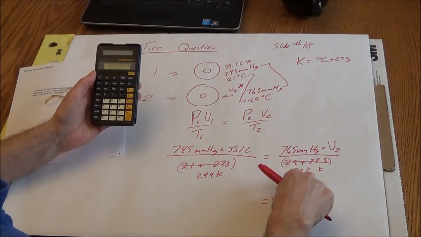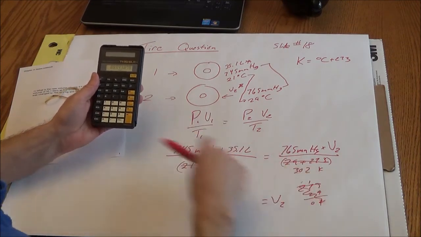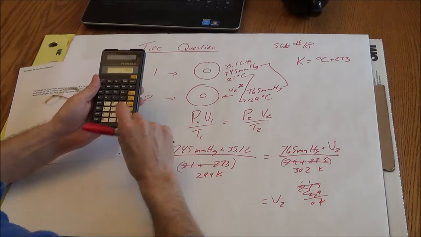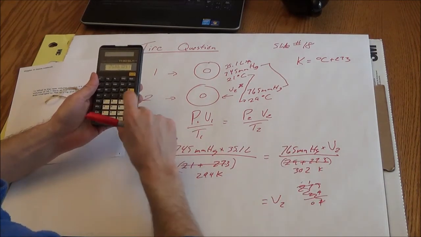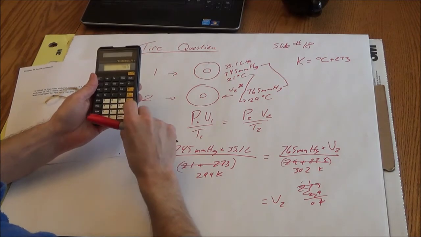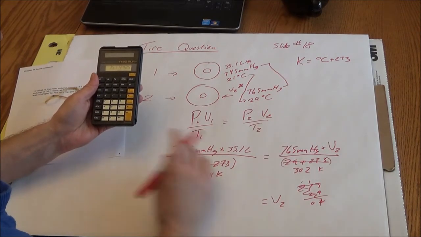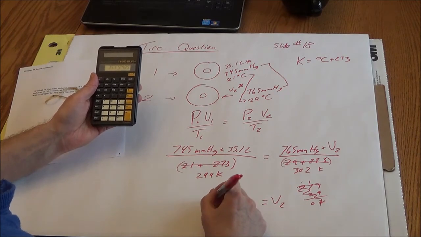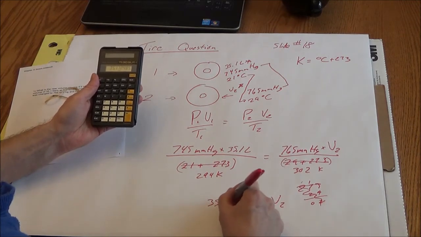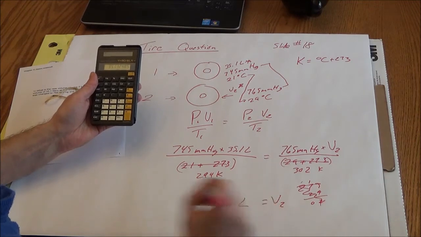Now, because we're dividing by 302, to move it, I'm going to multiply by 302. And because I'm multiplying by 765, I'm going to divide by 765. Again, I'm swinging everything onto this side so I see what V2 equals. And I get a volume of 35.1 liters.